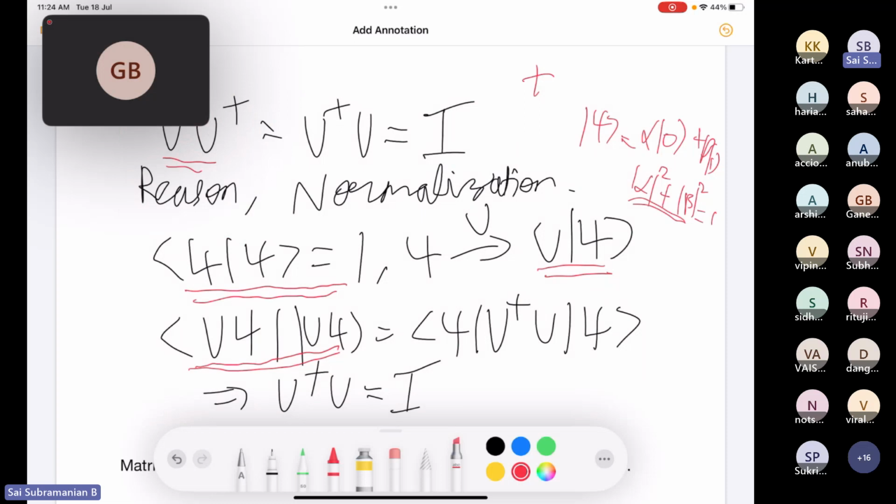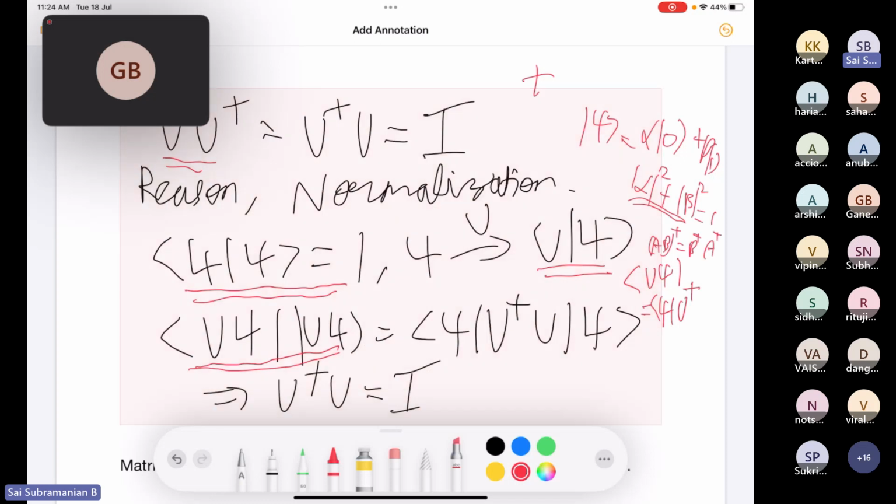So the dual vector of U times psi is equal to psi dual times U conjugate transpose. You can think of this as in matrix algebra, where AB the whole transpose is nothing but B transpose A transpose.